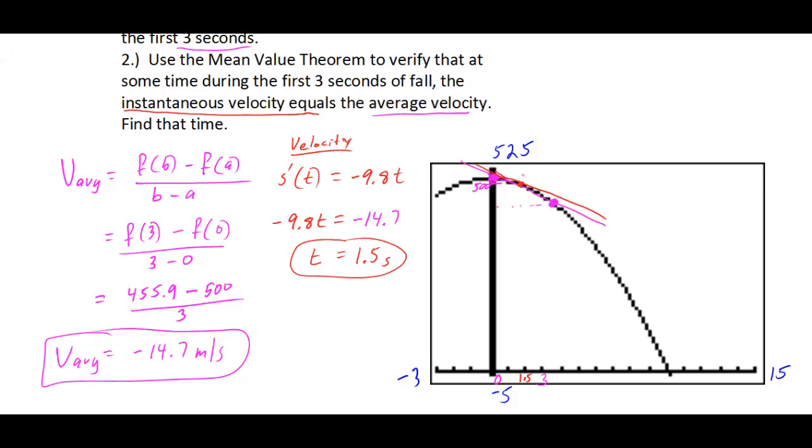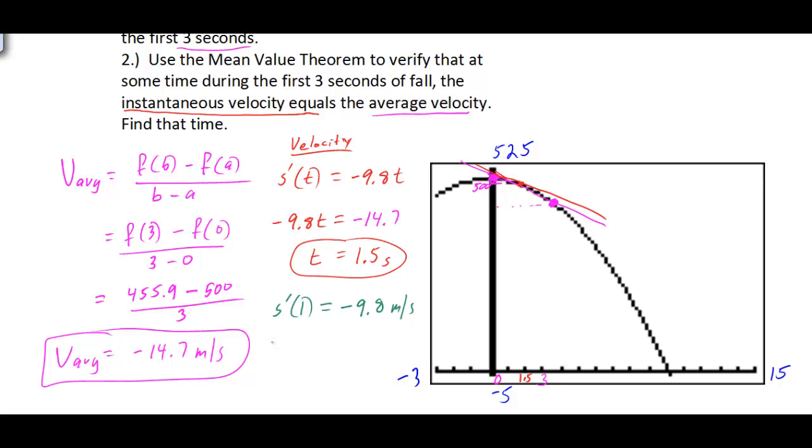Now, to emphasize this a little bit more, for example, if I wanted to look at s prime of 1, at 1 second, what is our instantaneous rate of change? Well, if we plug 1 in for t, we have a negative 9.8. So that means at 1 second, we're going at negative 9.8 meters per second.